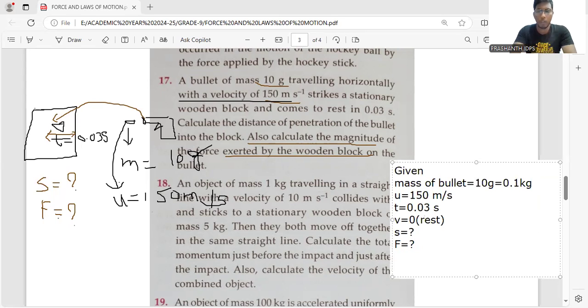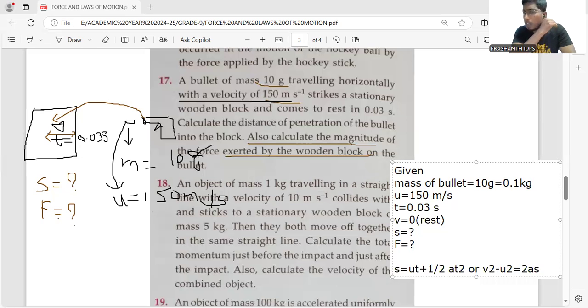So we have formulas. One is S is equal to ut plus half at square. Or we have v square minus u square is equal to 2as.